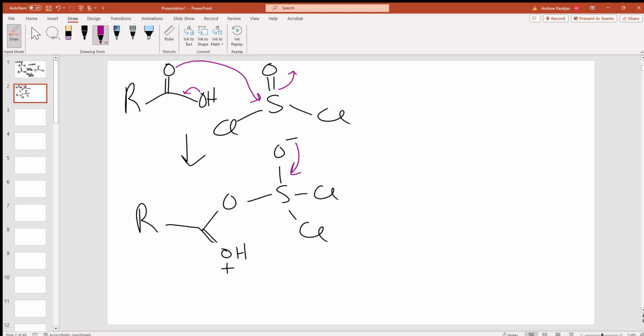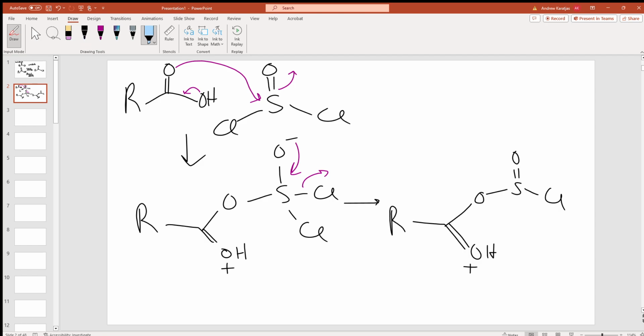Oxygen comes back down with its electrons, reforms a double bond, kicks out chlorine. All right, at some point, we're going to lose this hydrogen on the positively charged oxygen.